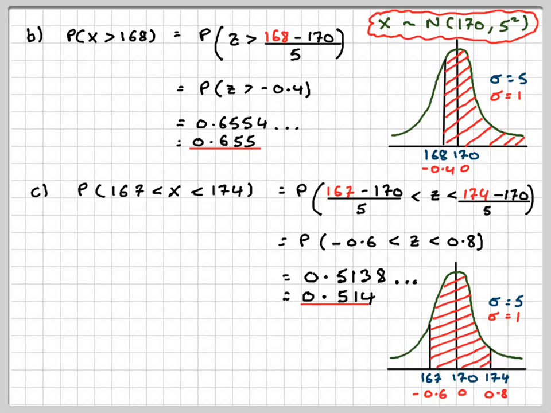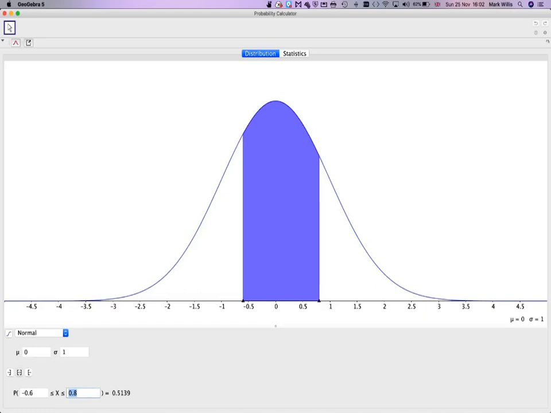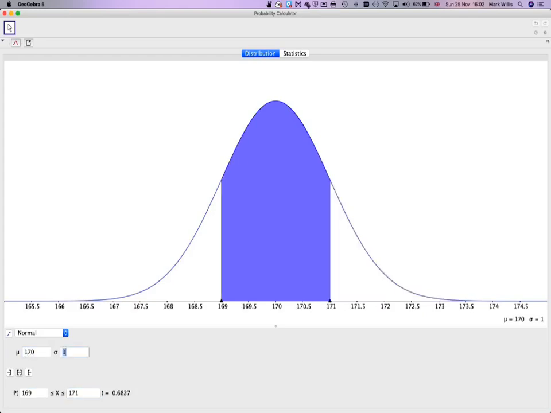And then if I did it using the actual values, so this will now be 167, this would be 174, and these we need to change to 170 and back to 5.